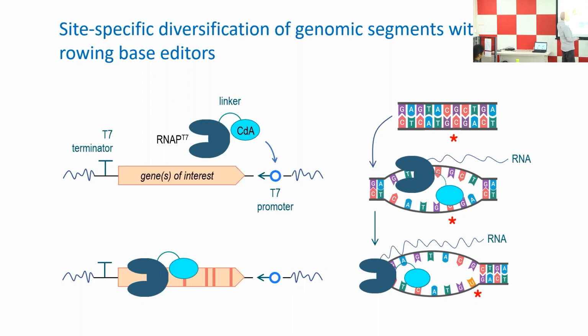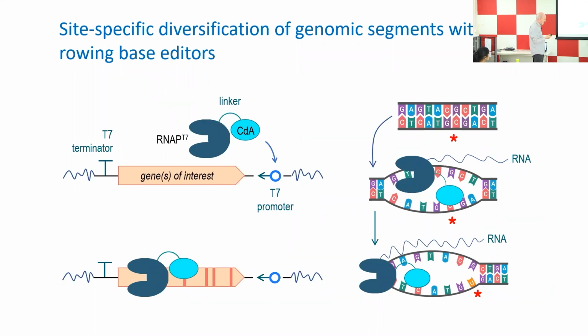And let's imagine that I want to hyper-diversify in between, I want to spare the rest, and I want to hyper-diversify just between here and here. Okay, so to do that, what you can do is to make a hybrid protein between this T7 RNA polymerase and a cytosine deaminase.